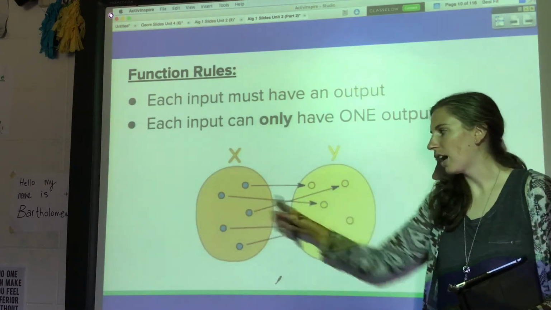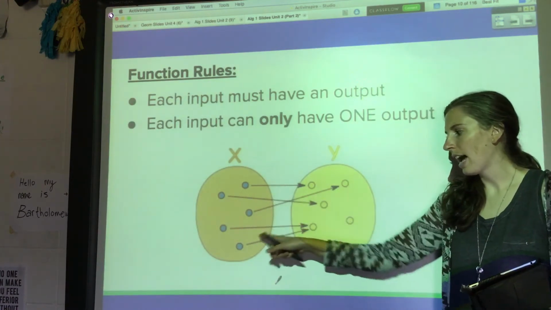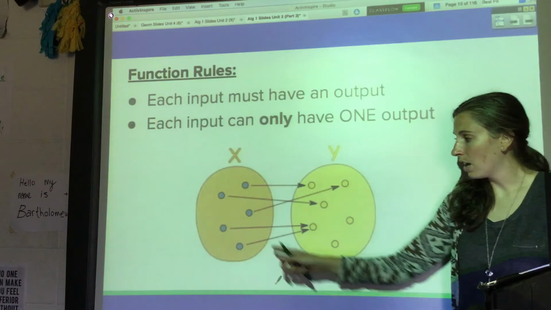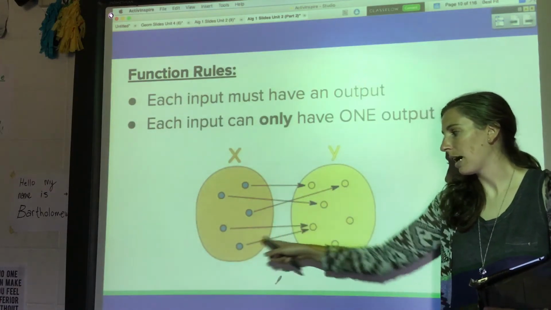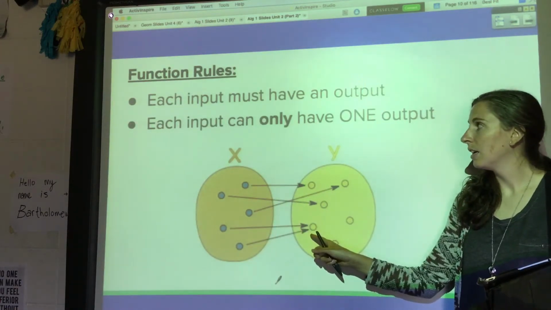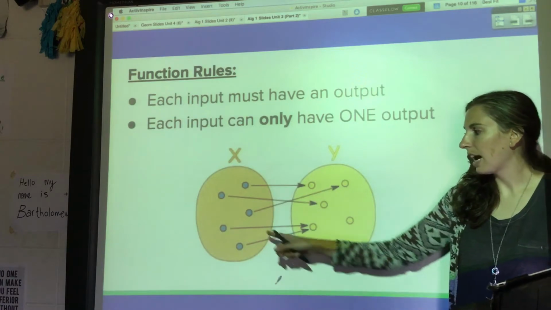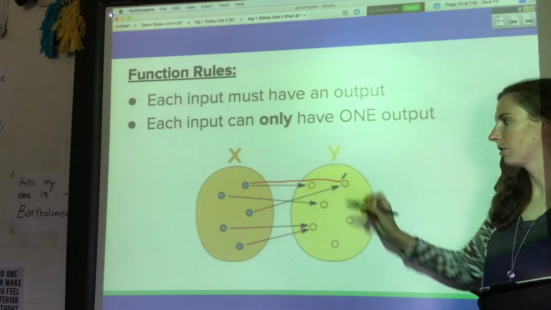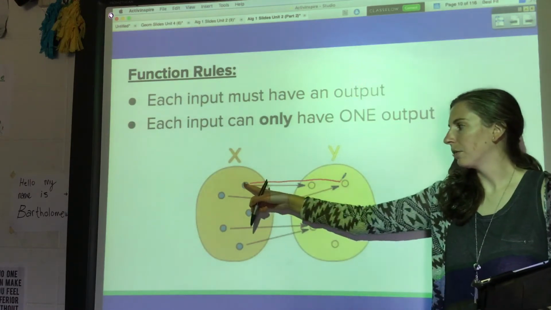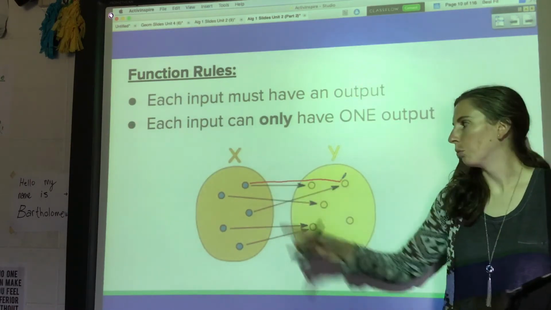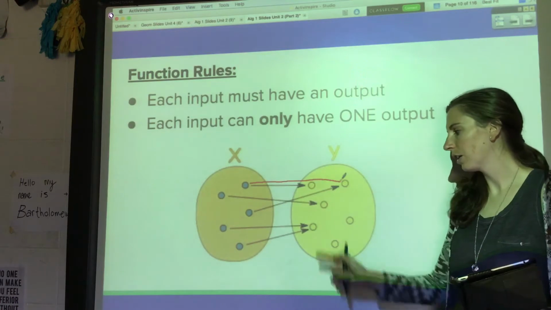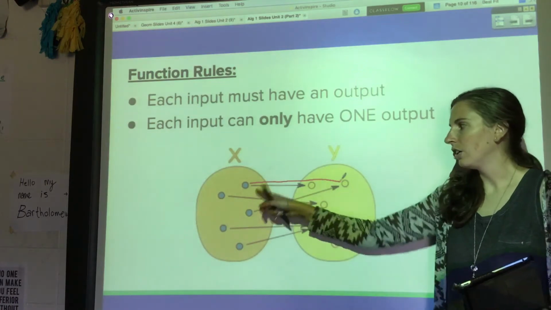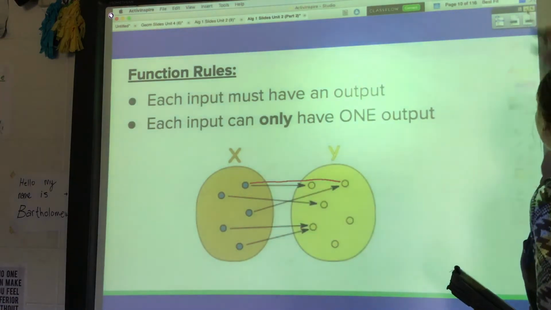See how every dot has exactly one output? Notice both of these dots had the same output, and that's okay, but I couldn't have a dot with more than one output. Having multiple outputs from one input is not allowed. You can repeat outputs, you just can't repeat inputs.